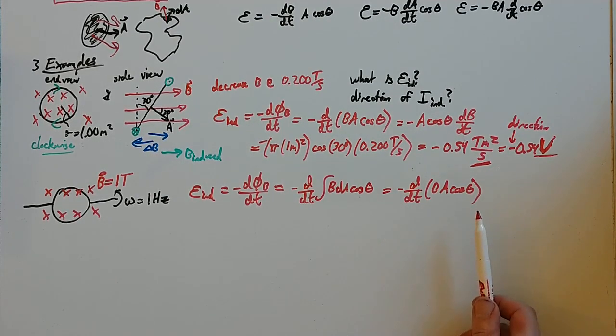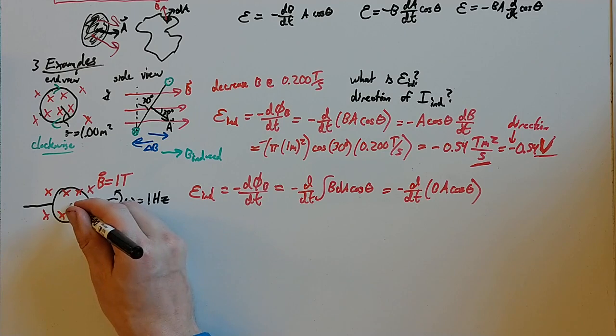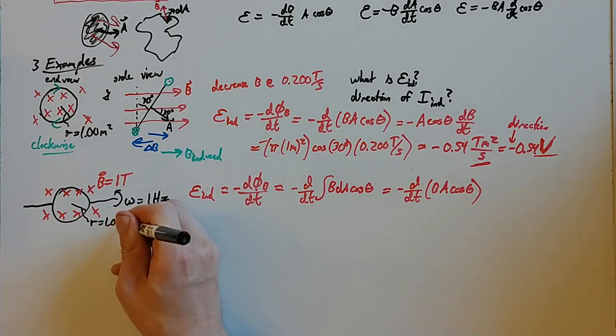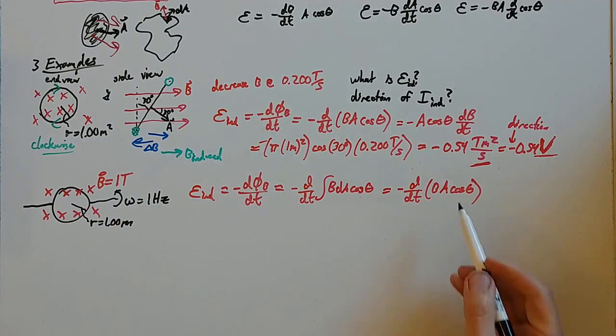Now let's think about what's changing. My magnetic field is constant, that's 1 Tesla. My area, assuming a radius r of 1 meter, is also not changing with time.